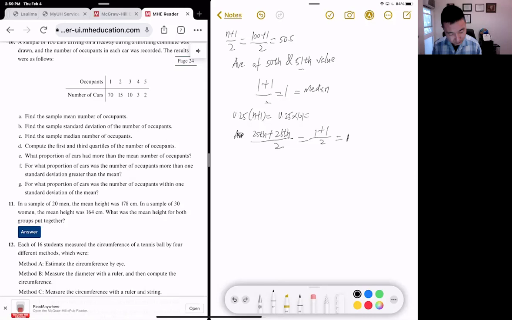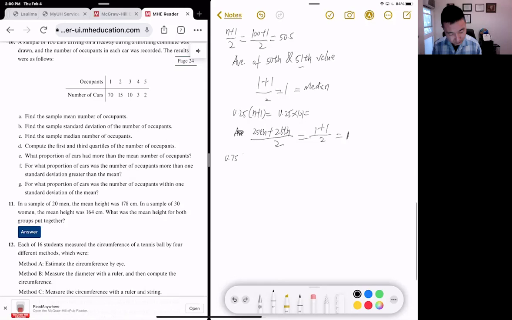And the third quartile is 75%, 0.75 times (n plus 1). That is somewhere between 75 and 76, so 75 point something.